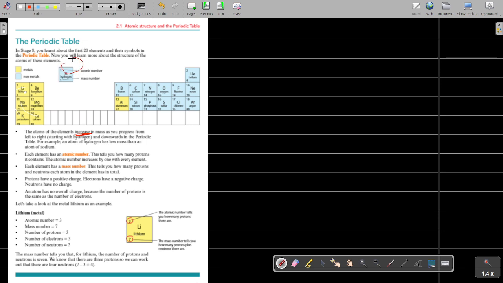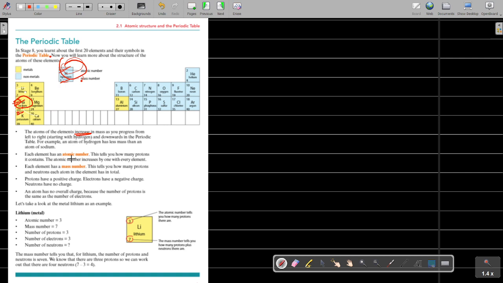Hydrogen, and sodium is here: 11, and here is 1, 23, and same 1. So for example, an atom of hydrogen has less mass than an atom of sodium, correct?